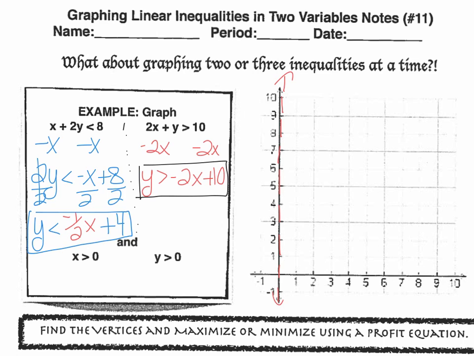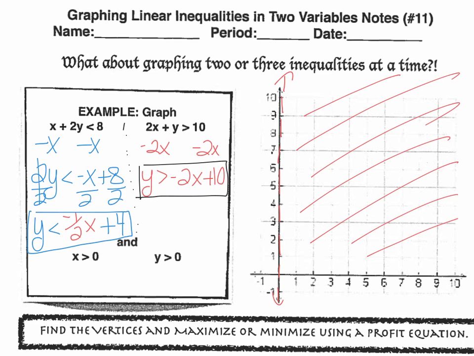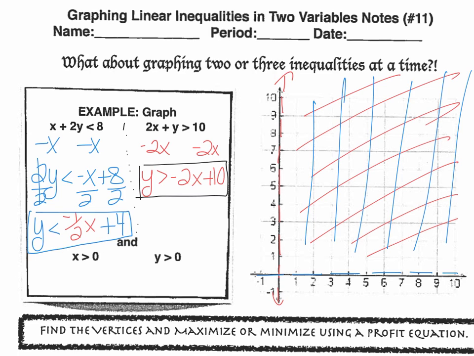And then from there, I'm going to shade everything that is greater than 0, which would be everything to the right. For y is greater than 0, that's going to be your x-axis. Again, dotted because we're not including the 0. And everything greater than that would be shaded above.